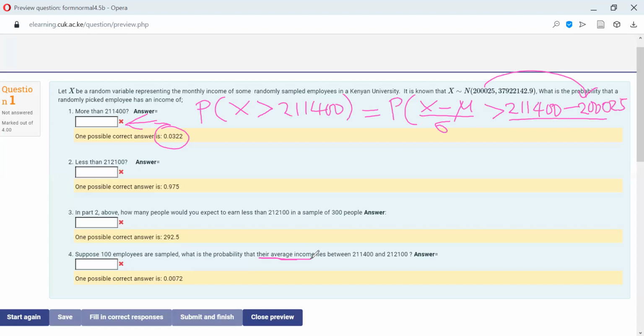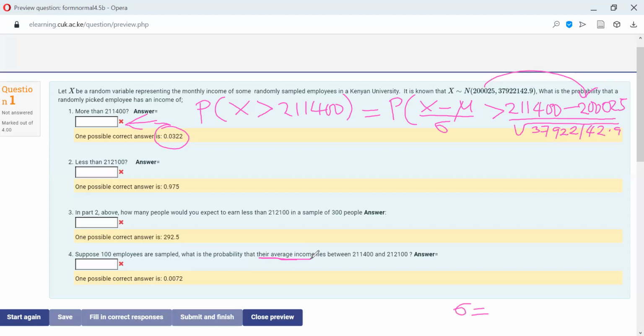Then we divide by the standard deviation, which is the square root of 7922142.9. Actually, we can even write it somewhere separately because you need it.